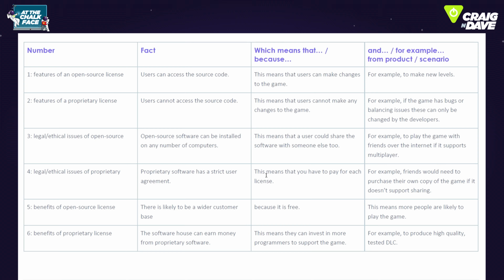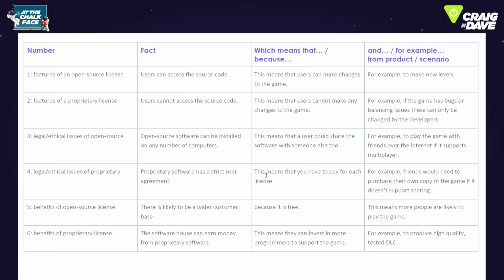The students don't need to cover them all because they'll write too much, it'll take too much time, and they'll end up with a shopping list instead of a coherent response that builds a chain line of reasoning. So identify one fact. Okay, so a feature of an open source license is users can access the source code.